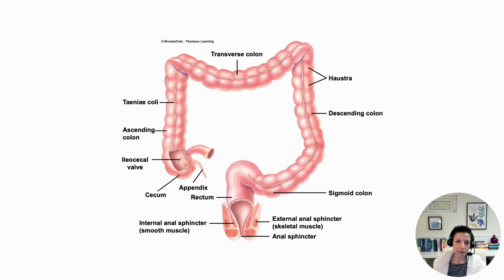In the large intestine, we have a significant amount of water that gets reabsorbed, a significant amount of electrolytes that get reabsorbed, and also minerals, calcium, iron. Now, most of the water, electrolytes, and minerals that we absorb is absorbed in the small intestine, but the absorption that happens in the large intestine is important and significant.